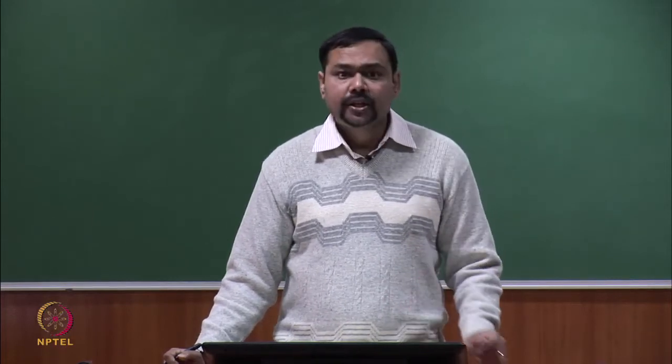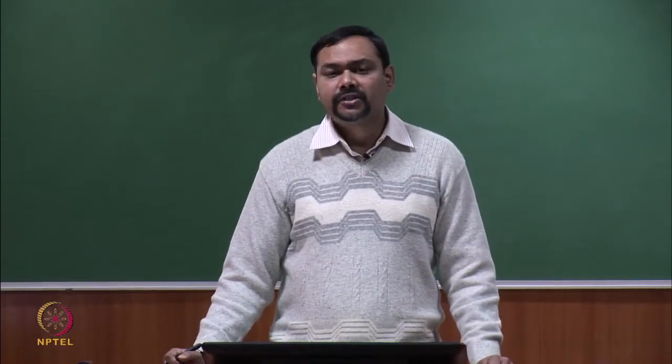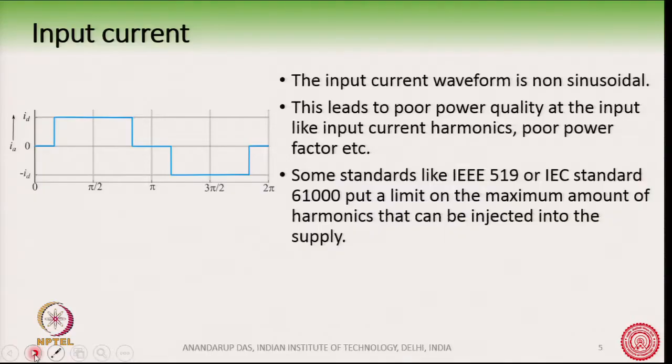Now, the input current drawn by this 6 pulse rectifier, as we can see here, is not at all sinusoidal. It is a quasi square wave. Now, this leads to poor power quality at the input. So, we are basically injecting a lot of harmonics into the supply.